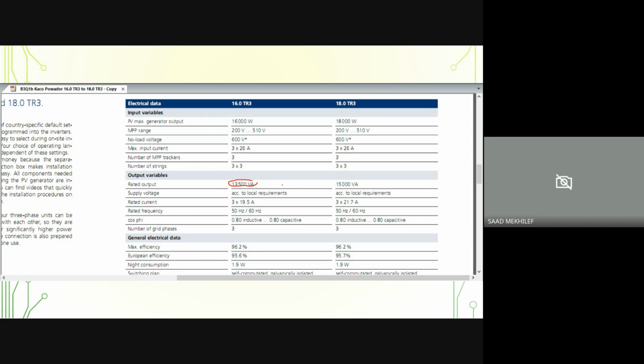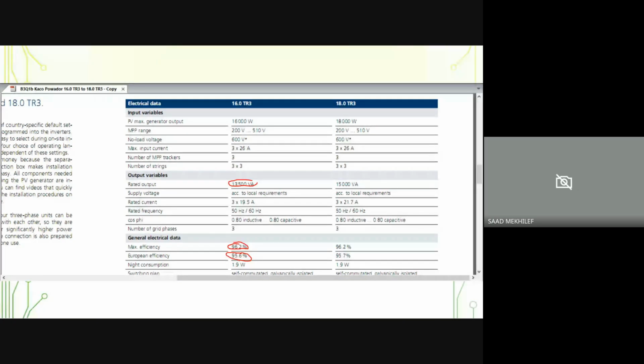It's 13.5 kilowatt. See the maximum efficiency, and then we have the European efficiency. Does anyone know what European efficiency means? You always have this maximum efficiency. I think all of us know efficiency is the output power over the input power, right?